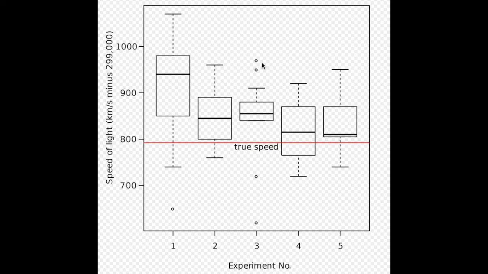If we, roughly by eye, apply the 1.5 times interquartile range added to the upper quartile or subtracted from the lower quartile, we can just about see that these 2 are above the 1.5 extra, and that these 2 are below, and similarly for this one. What's interesting is that this observation here actually would have been included were it in experiment 4. So some sort of judgment is going on there to decide whether to apply a particular rule or not.